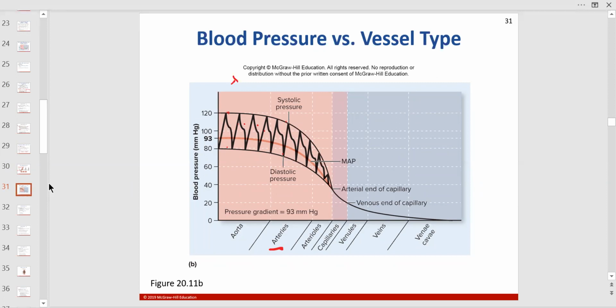And then you can look at the pressure dropping in the arterioles. So that's between like 40 and 60. In the capillaries, it's down about 20. In the veins, it's almost 0. In the vena cava, it is 0. So look at the change in pressures going from the arterial system to your venous system. I like this a lot.